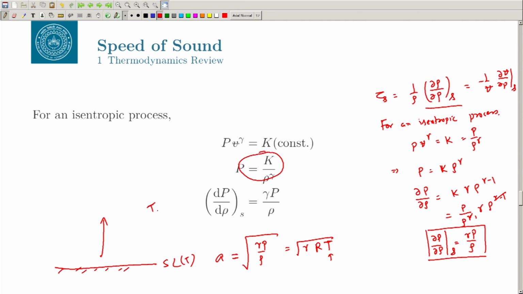So, this T 2 will be less than T 0. As you go up in height, your temperature decreases, and that is why your speed of sound decreases. I will relate it to the Mach number when we discuss the Mach number in a few slides. So, this is one thing.